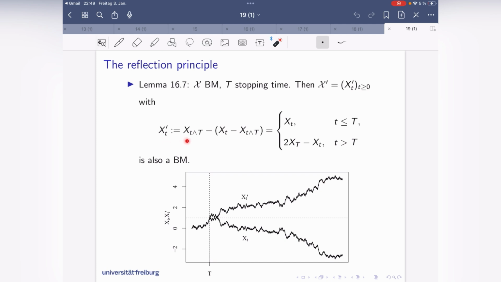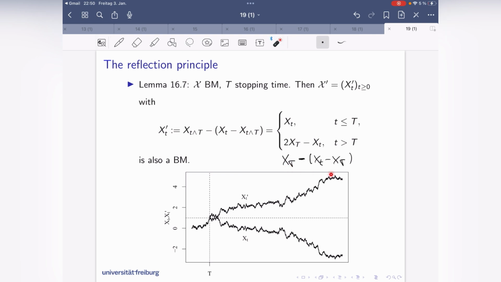And just for the formulas here, this reflected Brownian motion, Xt prime, equals Xt before time capital T, and afterwards I write X capital T, which is where it just is, plus, so the non-reflected would be plus the increment, which is Xt minus X capital T. And now I reflect this, which means this here is a minus.